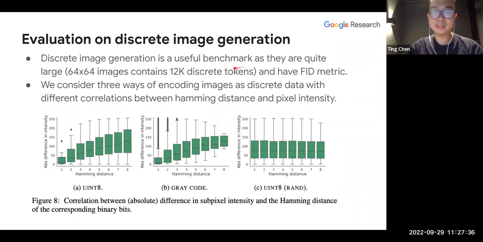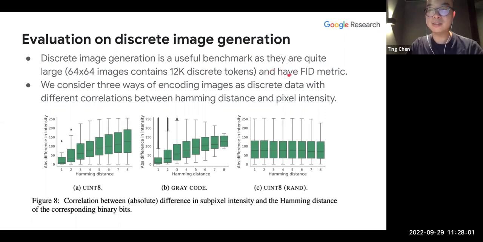But you can also consider them as discrete tokens. Every pixel will be represented as 3 numbers. So with 64 by 64 images, you have 12K discrete tokens, which is quite high dimensional already. In a language modeling context, you have a sequence that is 12K long.